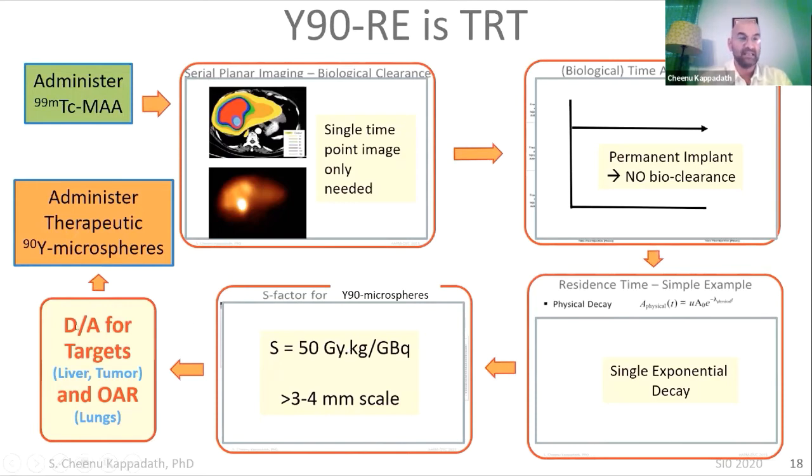And then based on this, we come up with dose per administered activity for a target. So here, for example, the target is the liver or tumors in the liver, and the organs at risk might be the lungs. And then based on these, we come up with the administered activity. So I would posit that radioembolization is really targeted radionuclide therapy.